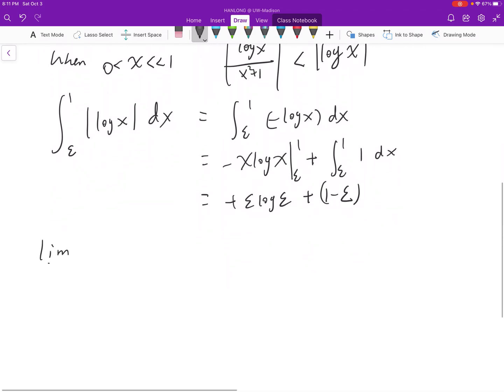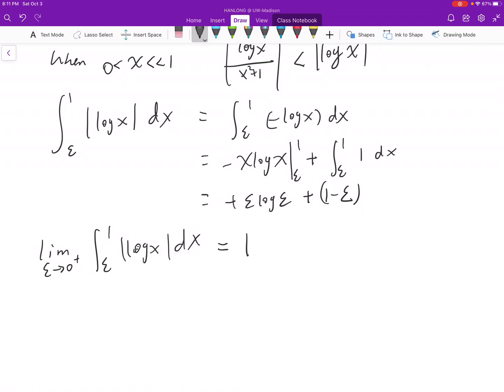If you take the limit, this is 1, because epsilon log epsilon goes to 0 as epsilon goes to 0 from the right side.